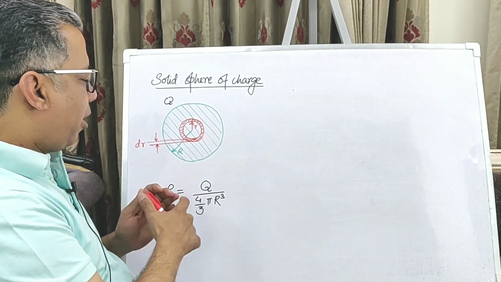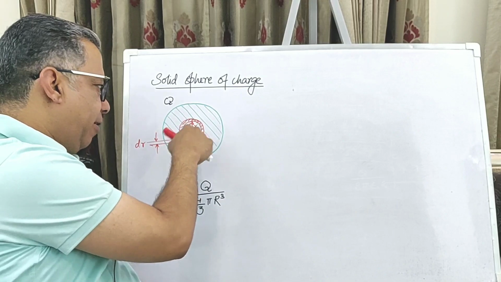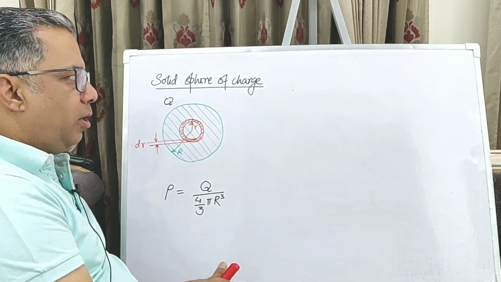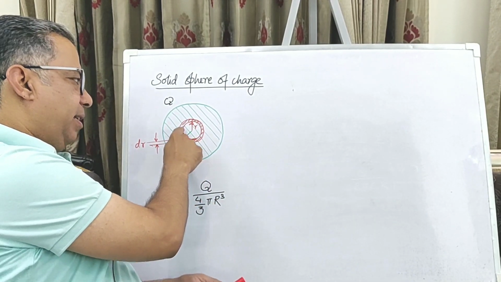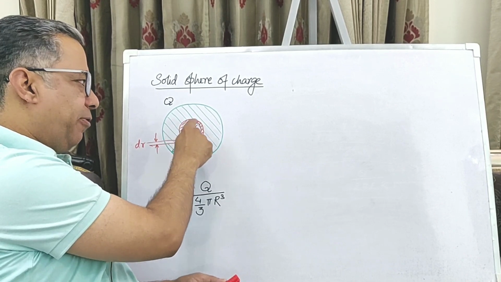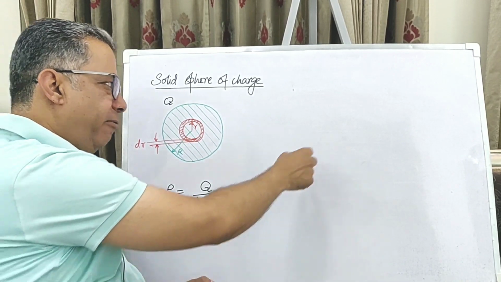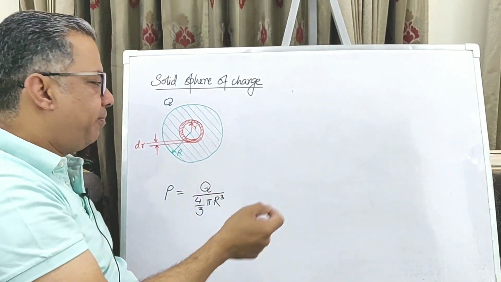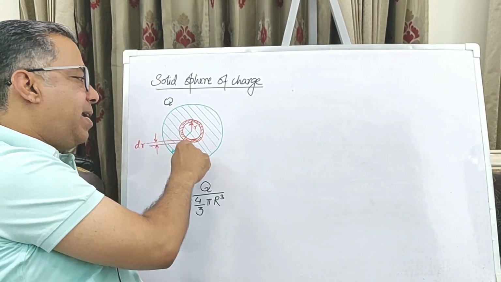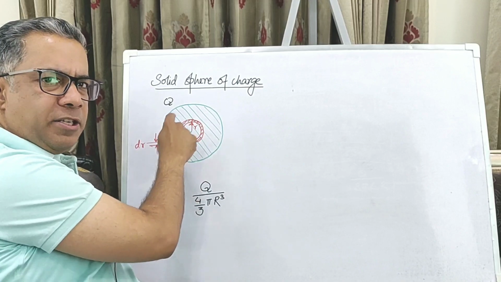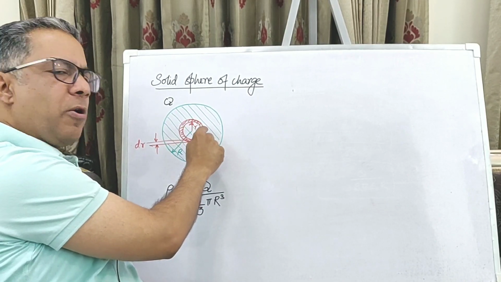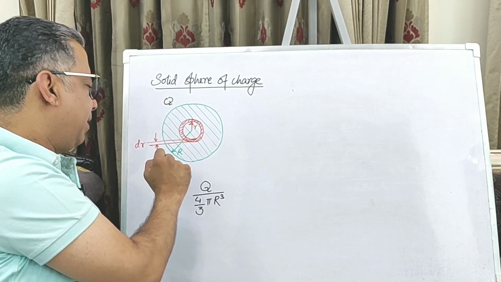This layer of charge is actually a spherical shell of charge. So what we've done is, there was a small sphere of radius r having this volume charge density. Then we went to infinity, picked up some amount of charge, and added a spherical shell layer on top of that smaller sphere.